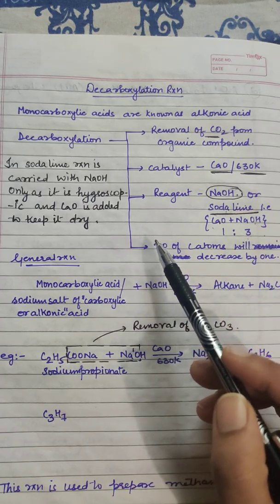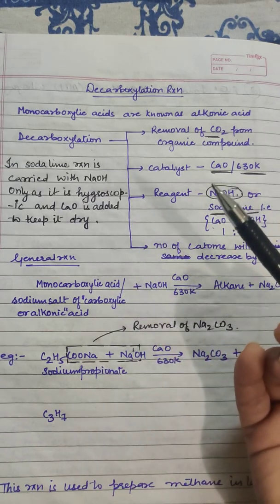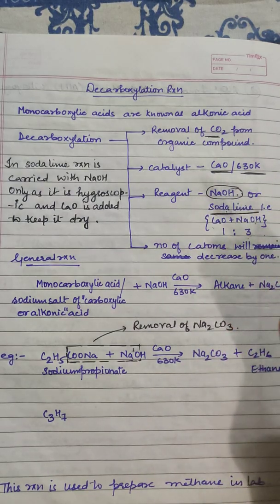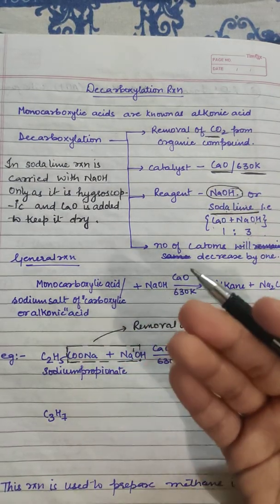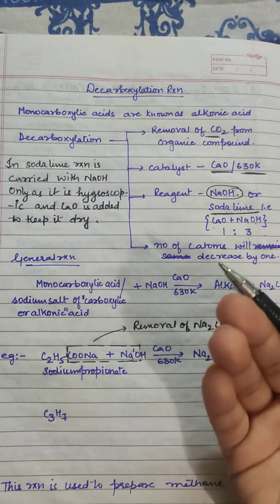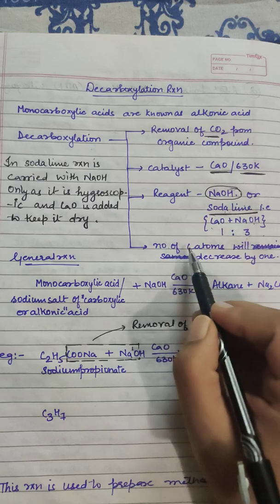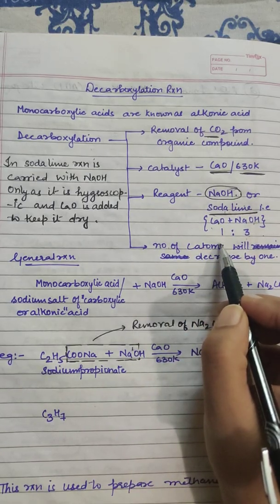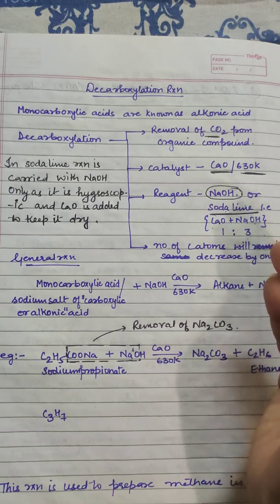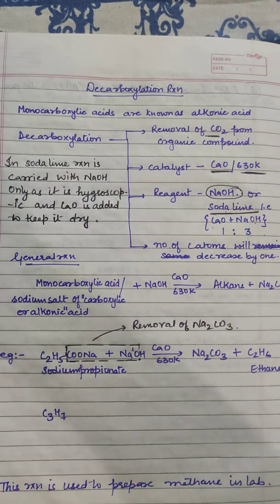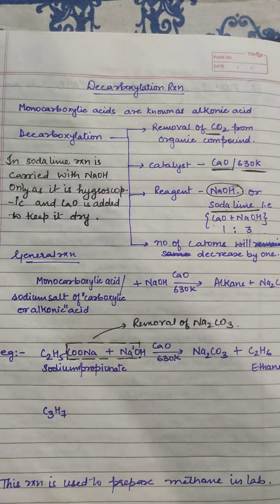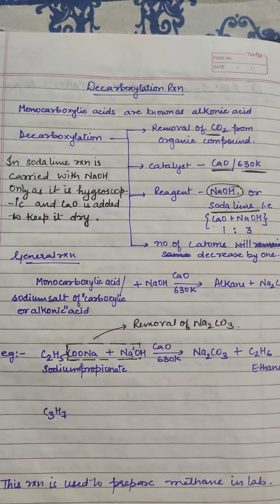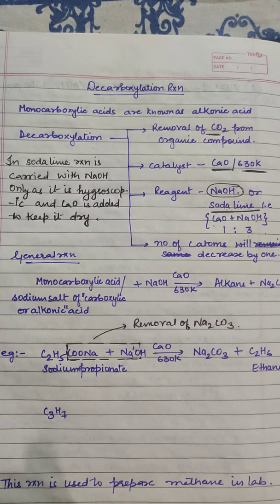Last is the most important trick by which you can remember which method to use to convert monocarboxylic acids or alkanoic acids to alkane: the number of carbon atoms in the reaction will decrease by 1. Which means, suppose you have 3 carbon atoms initially, in the final product you will have only 2 carbon atoms as the main reagent for the alkane development.